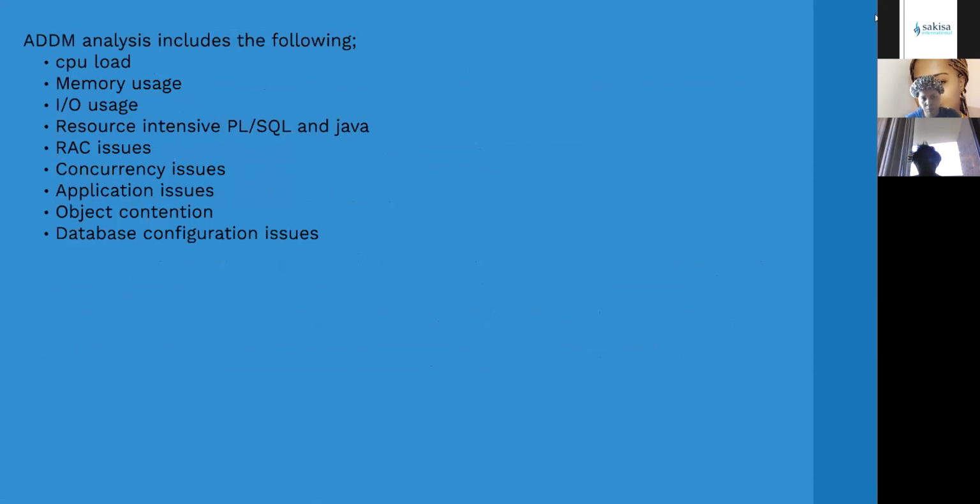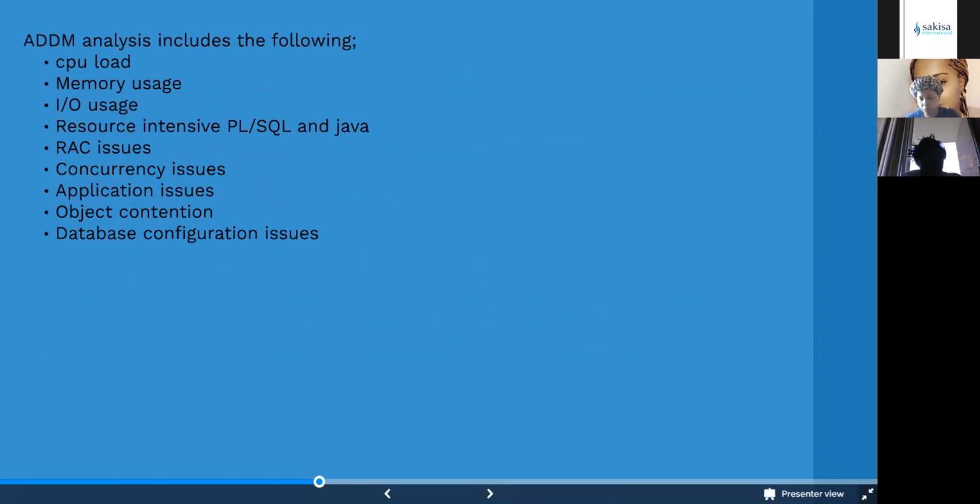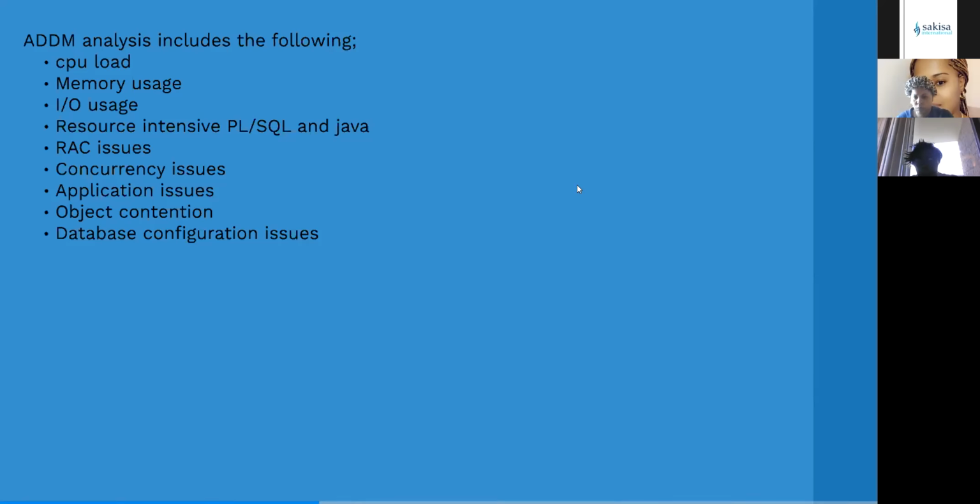After the recommendation, we have another part, which is the ADDM analysis. The ADDM report analyzes the AWR data on a regular basis, and gives you an overview of the root cause of the problems affecting the database.